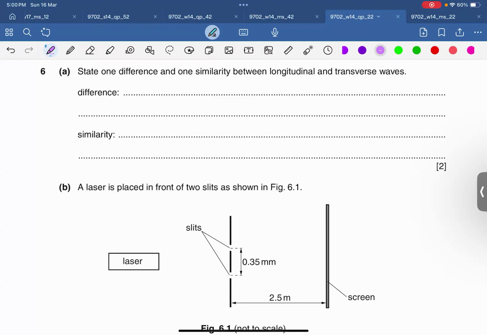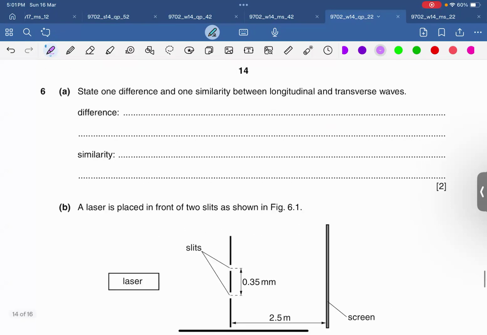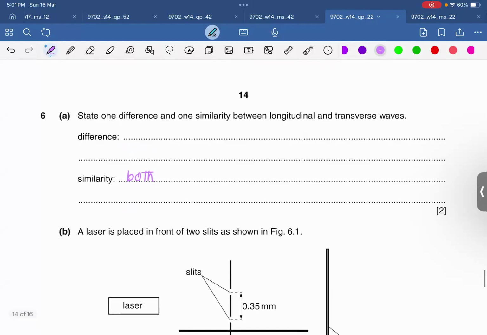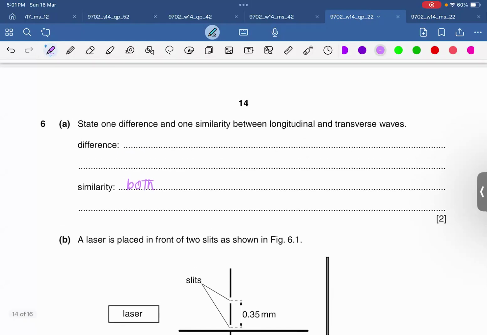State one difference and one similarity between longitudinal and transverse waves. Yes. So in longitudinal, the particles are parallel to the motion of the wave. You have to be precise.